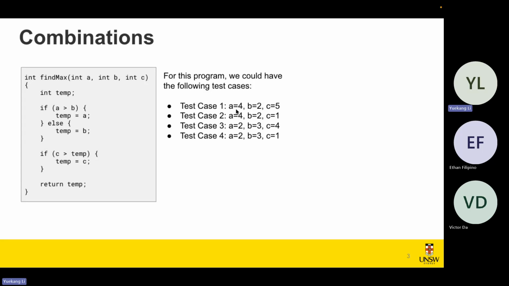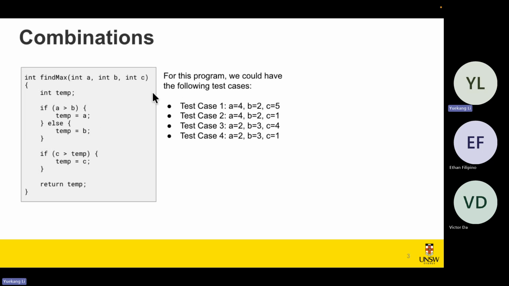For example, test case 1 covers the case where A is larger than B and C is larger than the larger value of A and B. And test case 2 can cover the case where A is still larger than B, but C is smaller than the larger value of A and B, right? So we can create different combinations of input parameters to cover the different relationships among these input values.